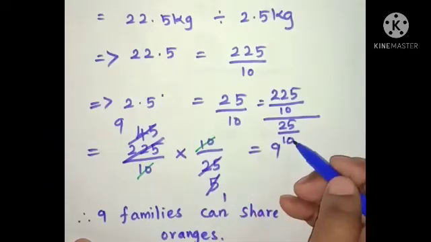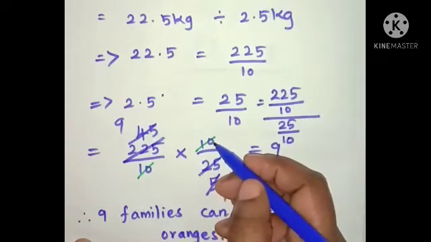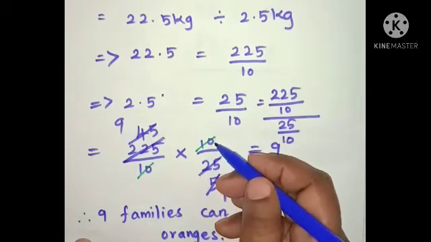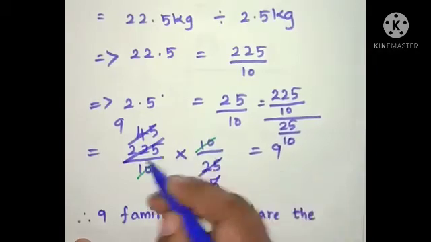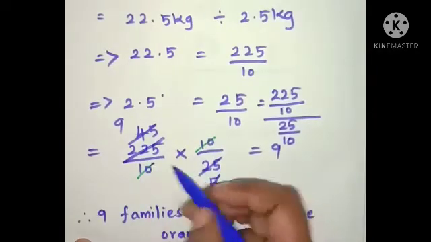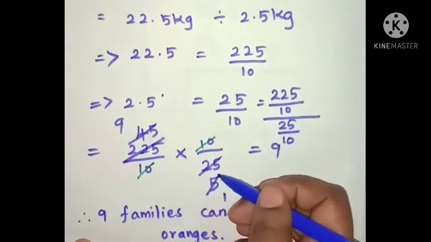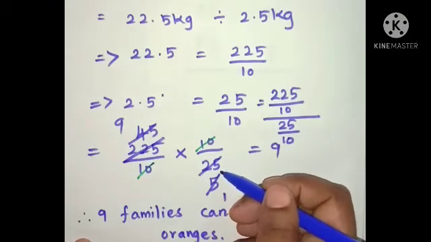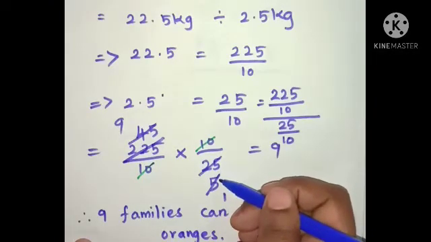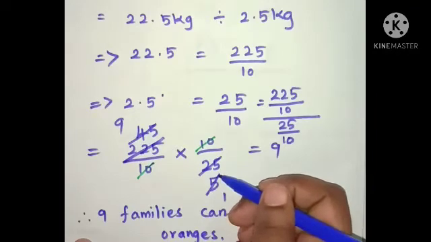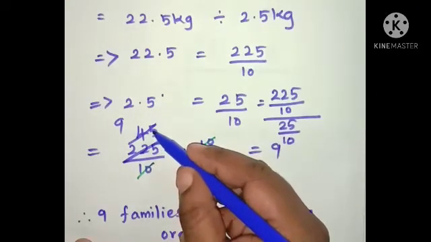So here this 10 comes to the numerator, 10 by 25, and the 10s cancel out, and 225 divided by 25, when we cancel by using the fifth table, you get in the denominator 5 times, and in the numerator 45 times.